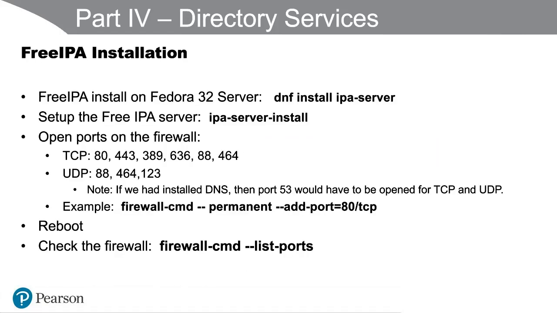So now we'll move on to the FreeIPA installation. This is, again, for Fedora 32 server. If you want to do this on Debian, good luck. IPA is not really supported. It's a Fedora project. You can try to install it, but there's going to be all kinds of dependencies that are not going to work. And that's why if I'm just dealing with the Debian environment, it's going to be Open LDAP in that case for the directory server.